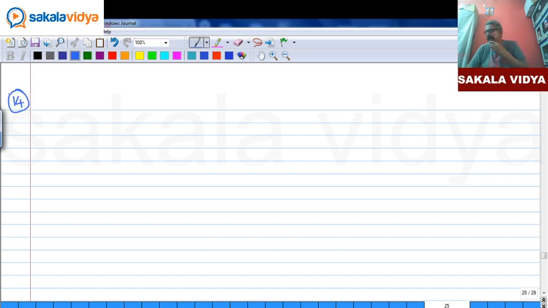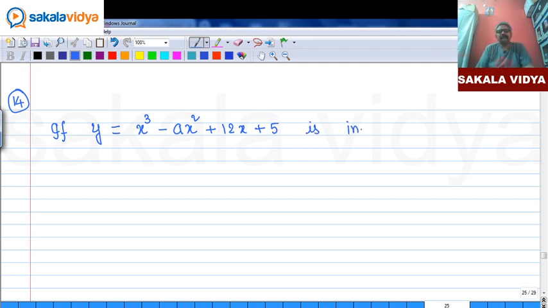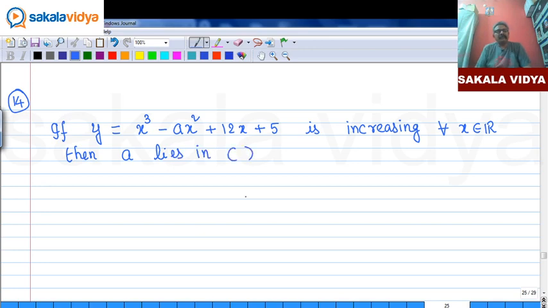Okay, 14th question. If y equals x cube minus ax square plus 12x plus 5 is increasing for all x belongs to R, for all real values of x, then A lies in which interval?